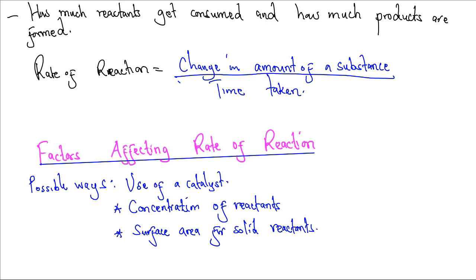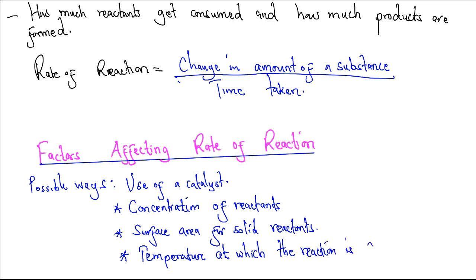Temperature at which the reaction is carried out, and this is what will give us the factors. Temperature at which the reaction is carried out, and we can also talk about influence of light.